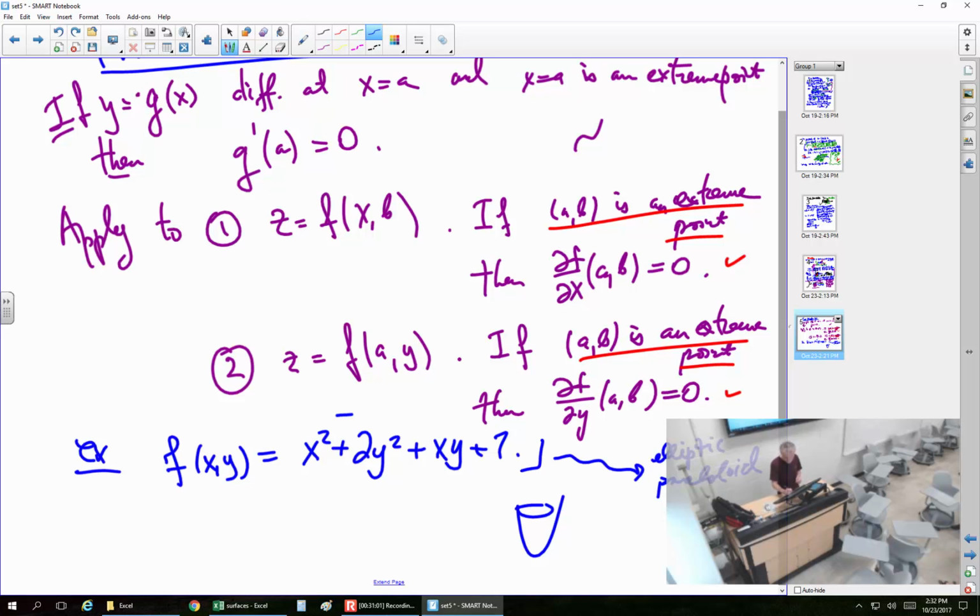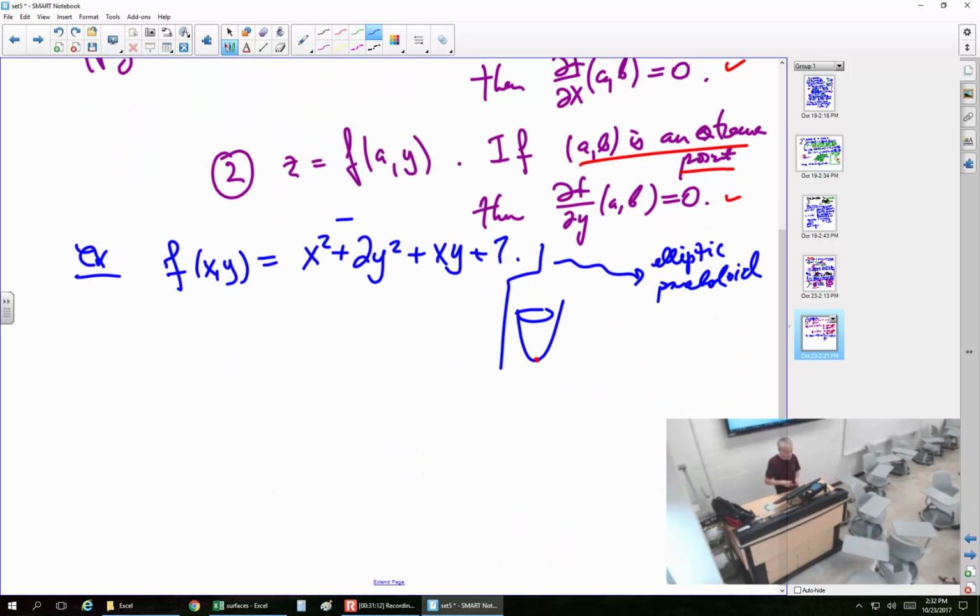But we ignore that. We are trying to verify this idea, and we do know that there will probably be one answer. Okay, so it's good to know ahead of time that we are probably okay. So I am doing partial derivatives. df dx is 2x plus y.